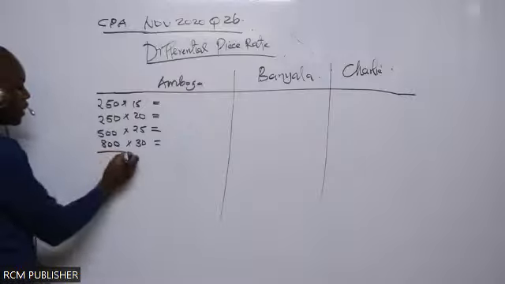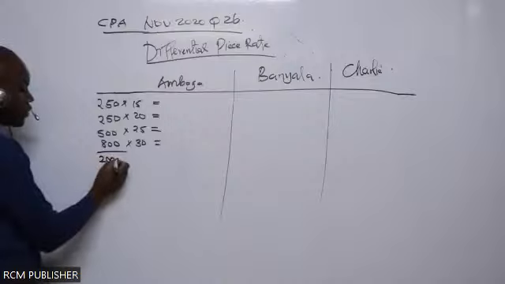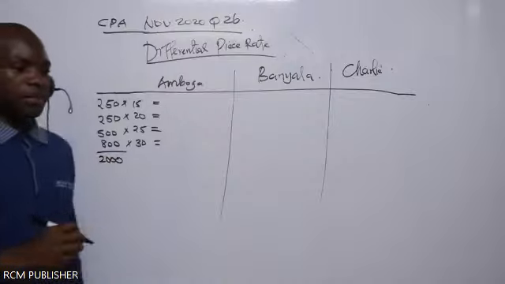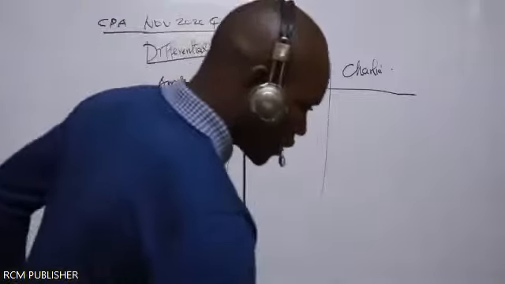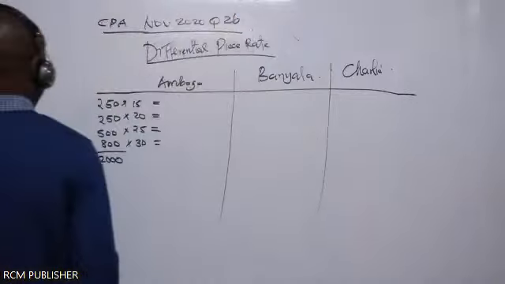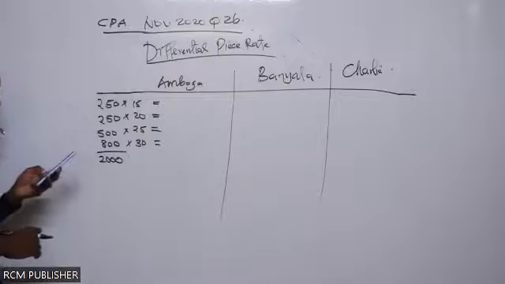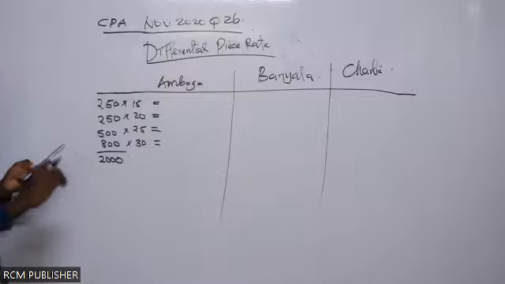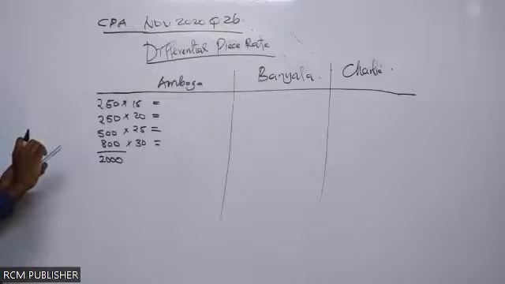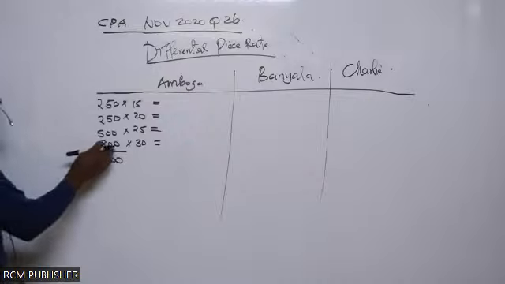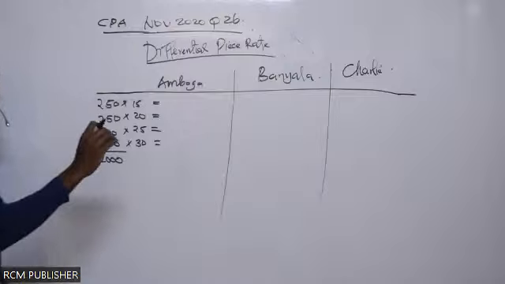So if I add this one here, I'm expected to have 2,000, because that is what was produced. That was the total production. Total production is 2,000. Remember, the 800 we are going to consider only if you are going to look for the penalty.